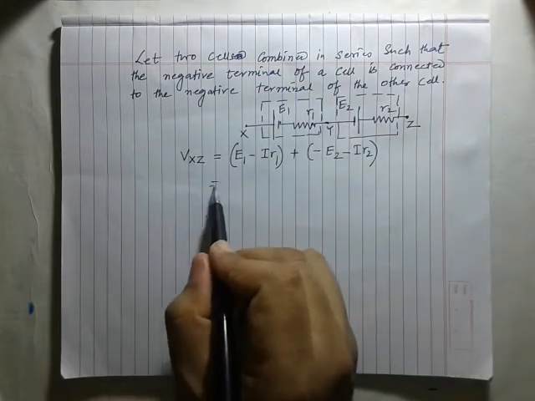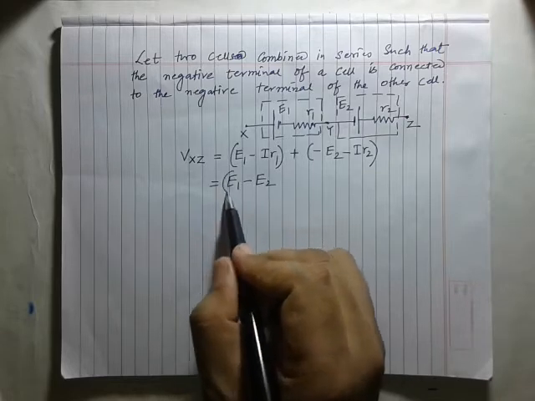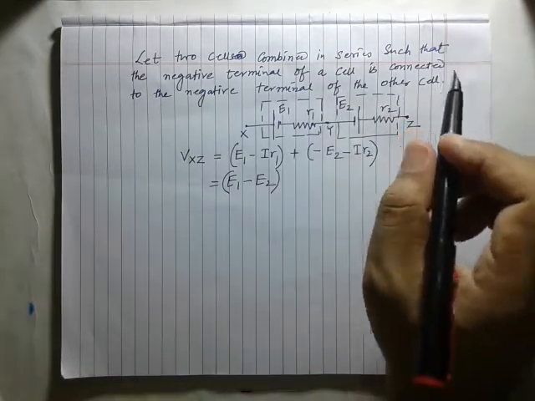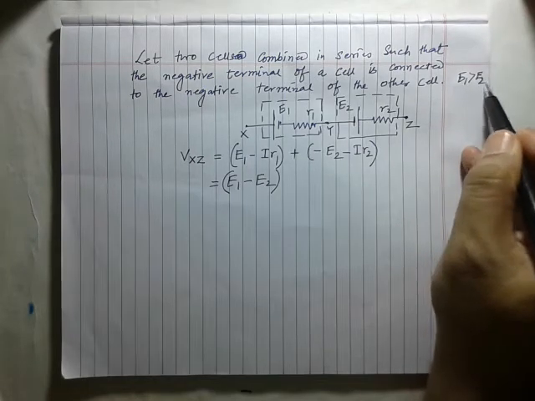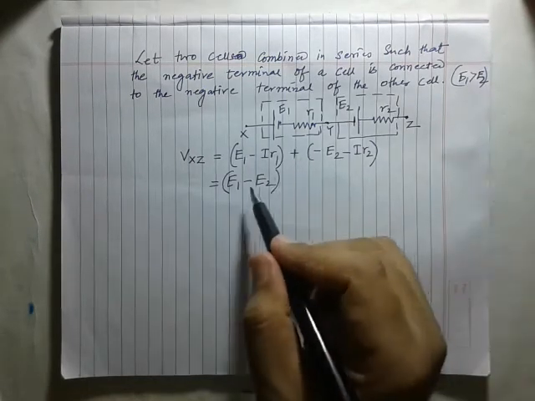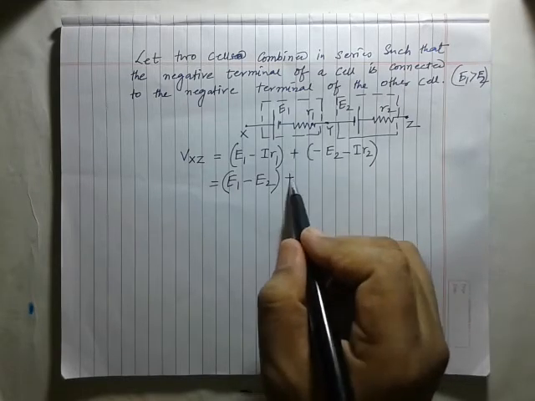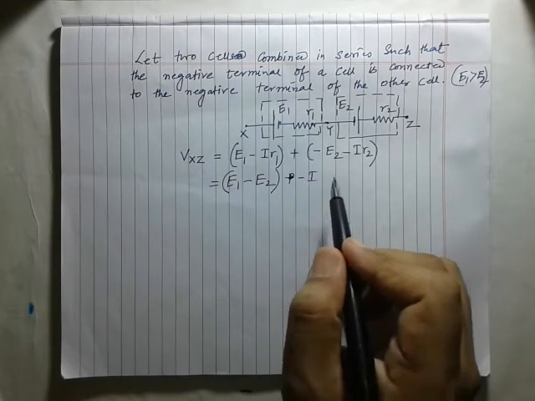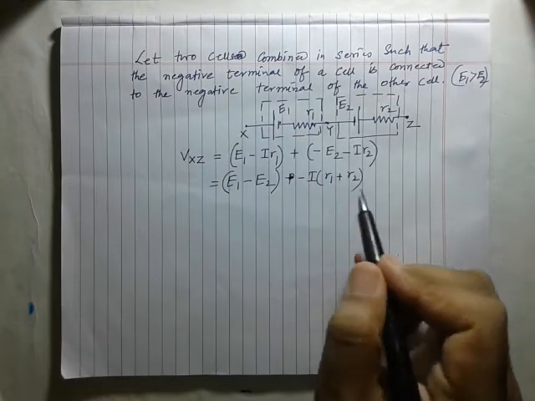So now we'll do combinations here. So E1 minus E2. And one more thing, it's given here that E1 is greater than E2. So consider this one, E1 is greater than E2. So E1 minus E2, minus I into R1 plus R2.